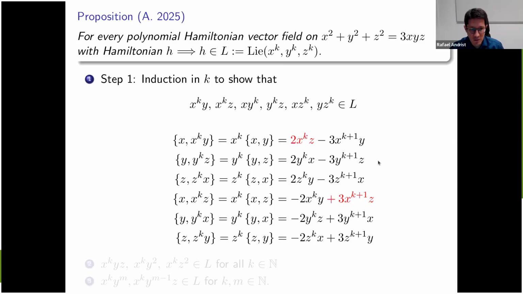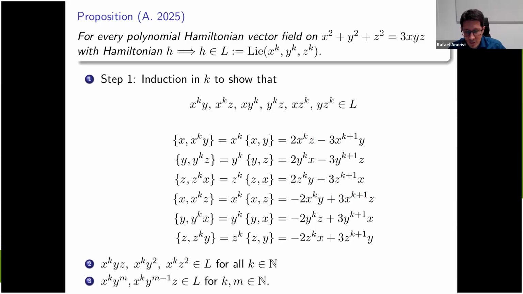And then a bit more work is if we have x to the k times a quadratic term. And then finally, we want x to the k and y to the m, and x to the k and y to the m minus 1 times z. And when we're there, we're done, because we can always use the defining equation of the Markov surface to get rid of some more complicated terms.